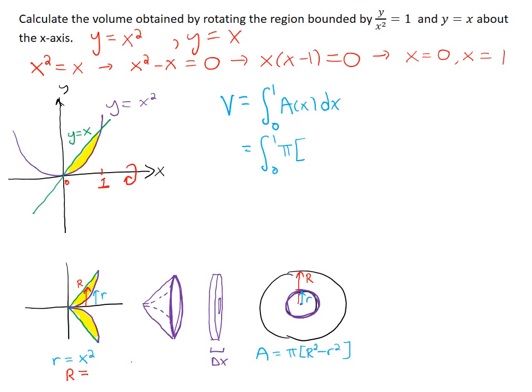So the outer radius is x. So we can sub those in. Our capital R was x, and the little r was x squared. We have to square that. So I'll label that. This part was big R squared, and this part here was little r squared.